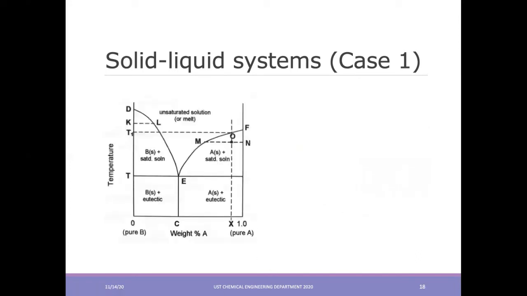Now let us analyze further the phase diagram of a system in which there is only one eutectic mixture being formed.